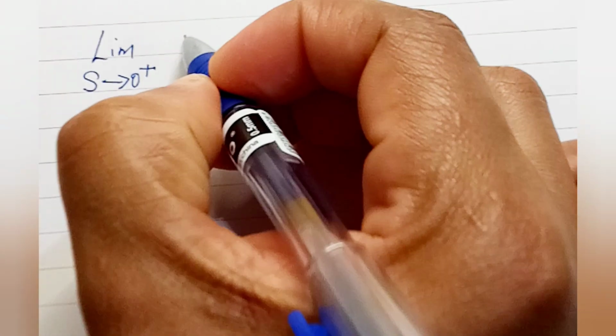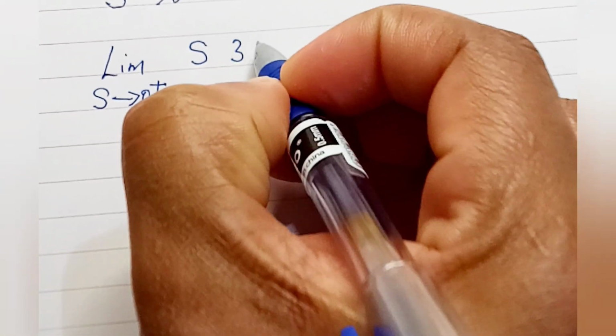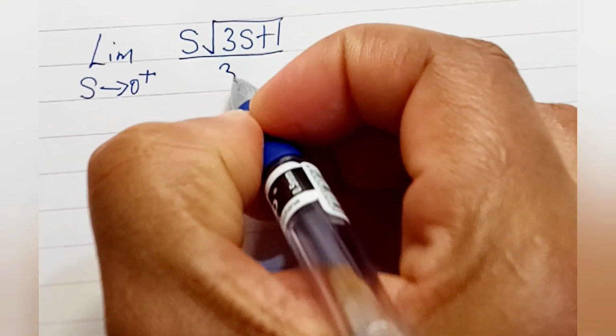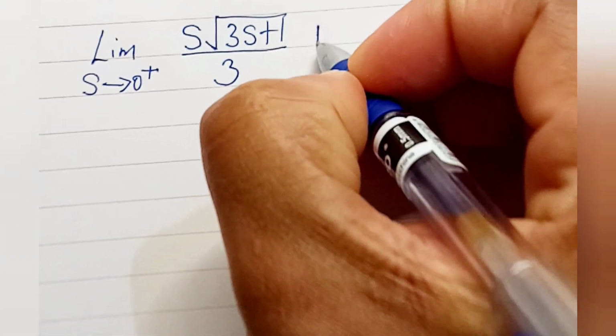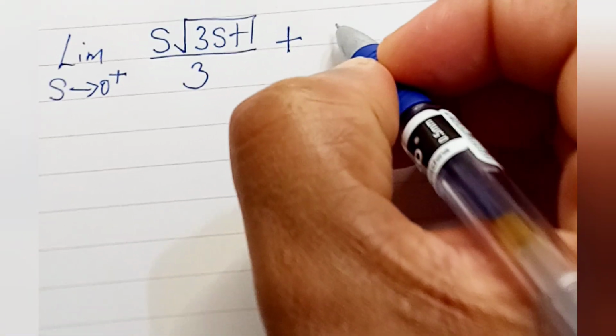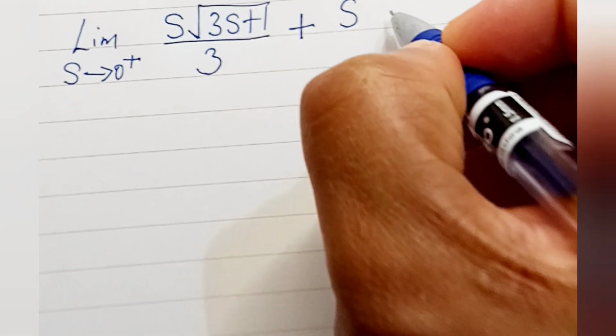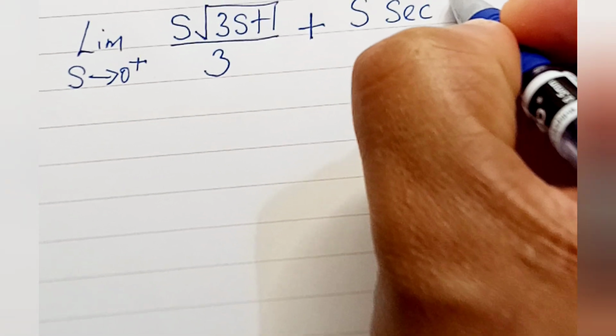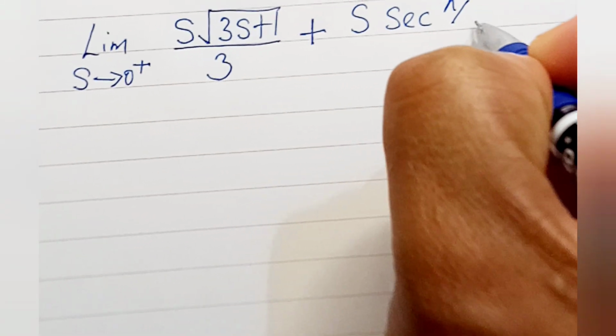We have limit as s tends to 0 from the positive side, s square root of 3s plus 1 over 3, plus s secant of pi over s.